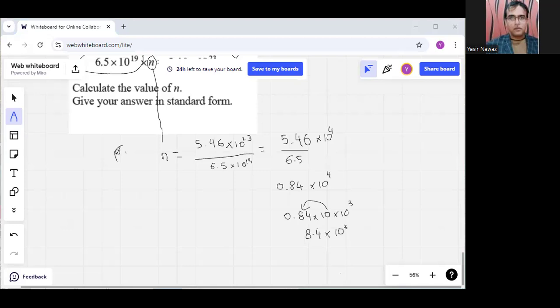The next question is about similar triangles.